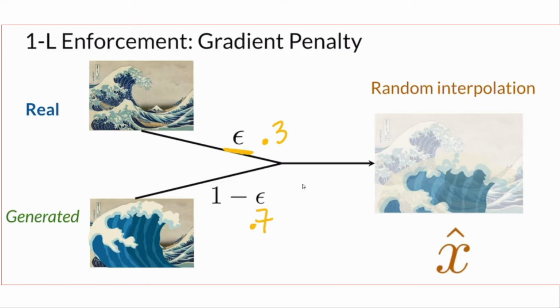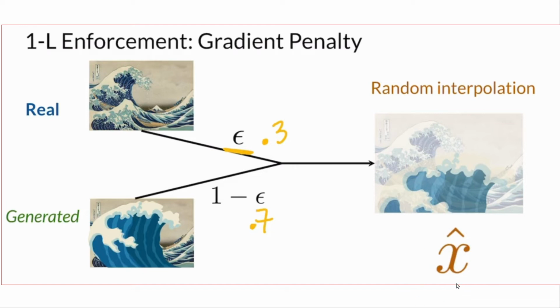Epsilon here could be a weight of 0.3 for the real one. And then for the generated one, it would be 1 minus epsilon, that is 0.7 in this case. Now you interpolate between these two images with this weight factor. That would get you an in-between interpolated image, which is this.